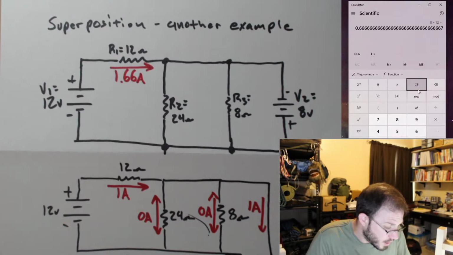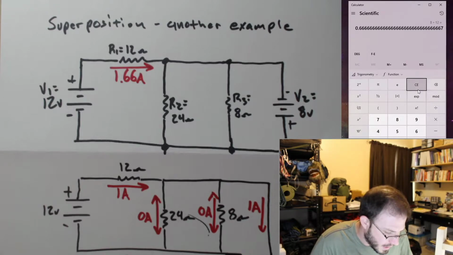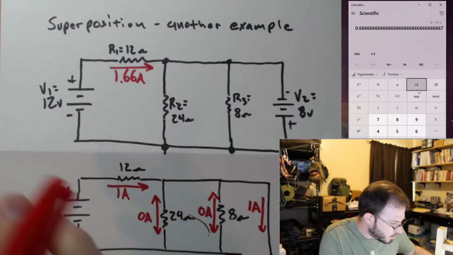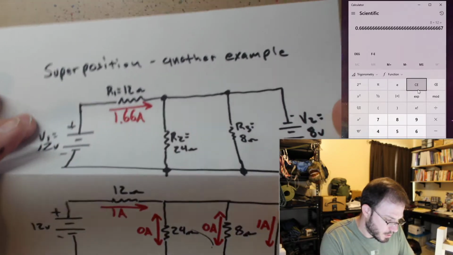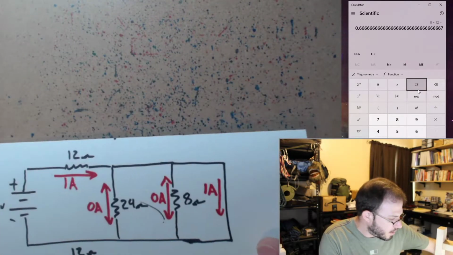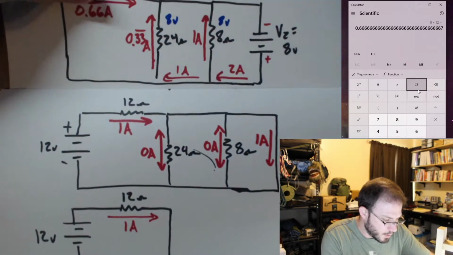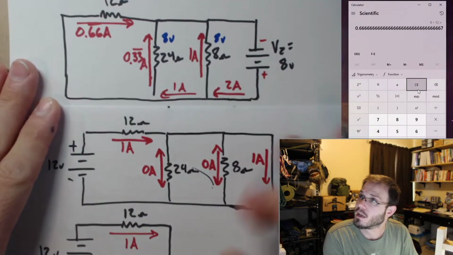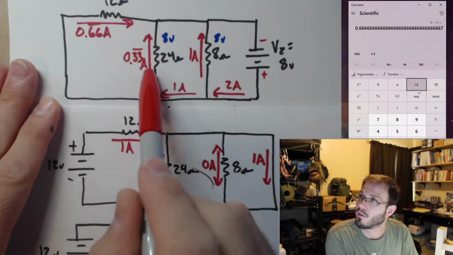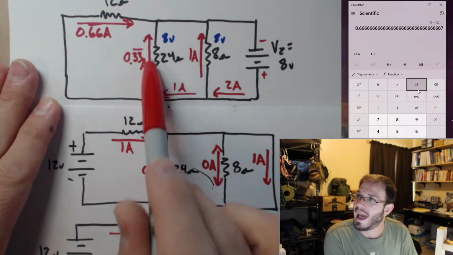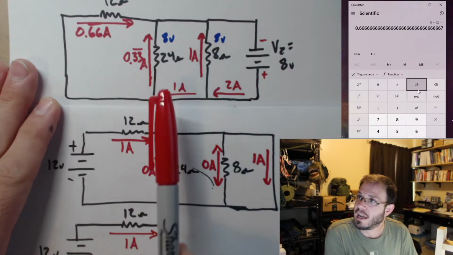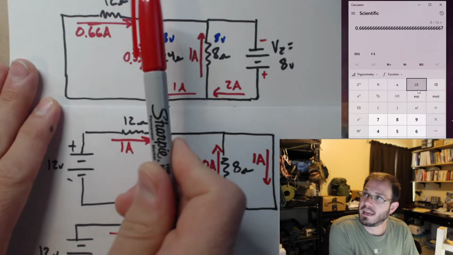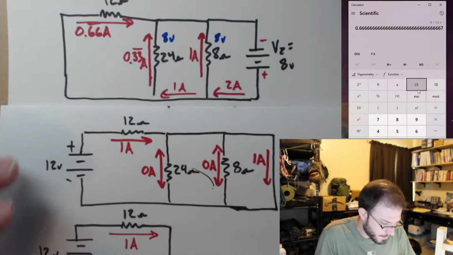Now, R2, what's the story behind R2? Well, with R2, again, if we look at it, 0 amps going through it in one solution, 0.33 amps going up in our first solution. So add these two together. We should have 0.33 repeating amps going up.